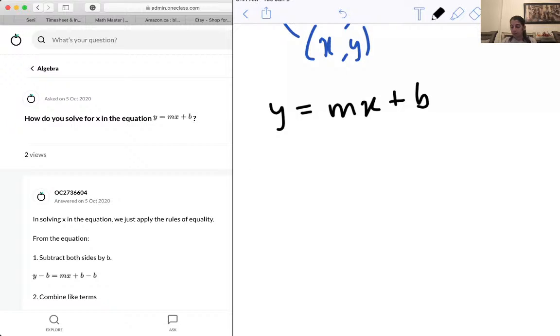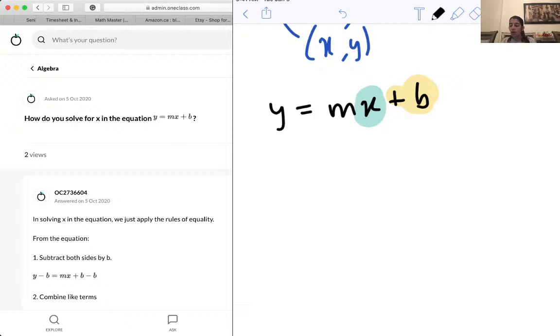We can begin by looking at the thing that they are asking us, which is x, and seeing what around x we can get rid of first to make it all easy. The first thing is b over here. So what we can do to get rid of b is minus b on this side.